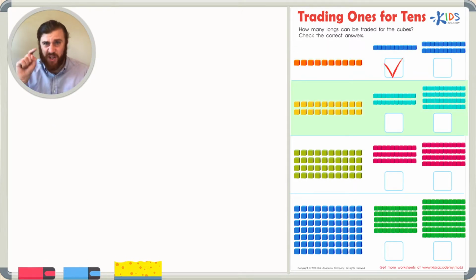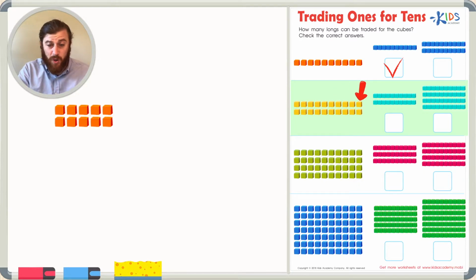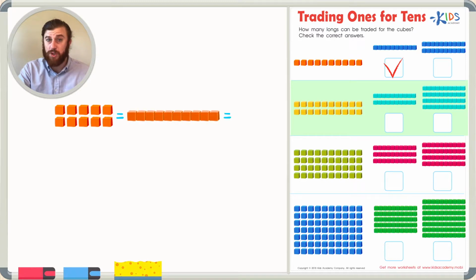Let's start by counting the cubes again. Let's see how many yellow cubes there are. I see 1, 2, 3, 4, 5, 6, 7, 8, 9, 10. I can see that if I put these cubes together, I would get 1 long, or 10, because it's 10 cubes.